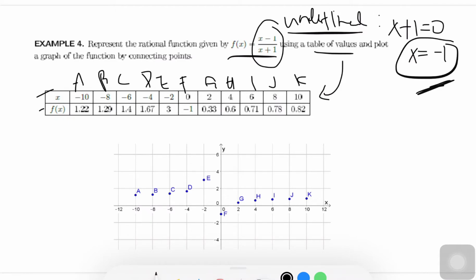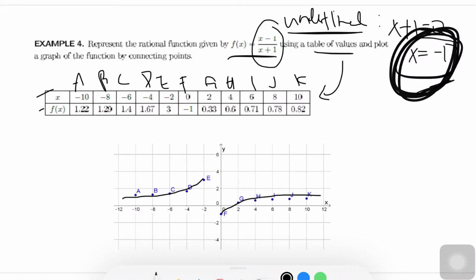So we have this, plot your points. These are the points on the graph. And then connect. The question now is, can we connect E and F? What do you think? No. Why? Because at x equals negative 1, which is here, you have no value for your f of x.